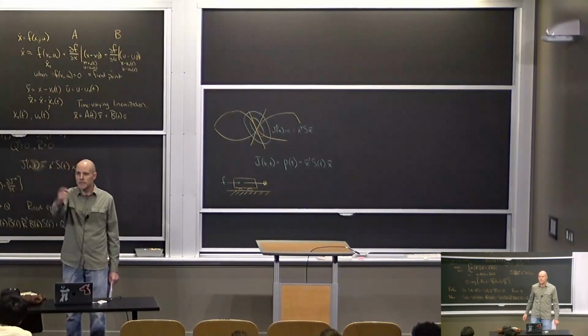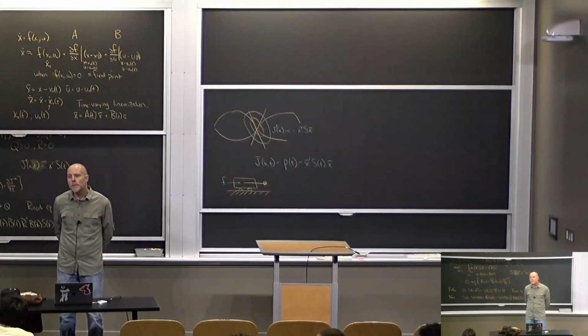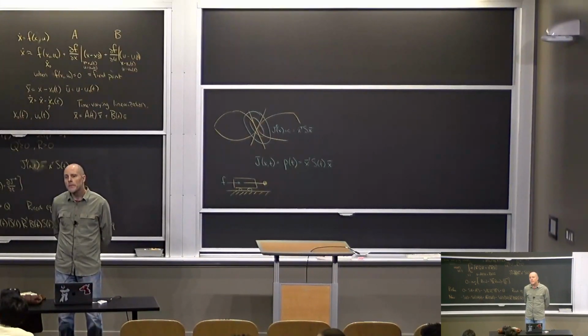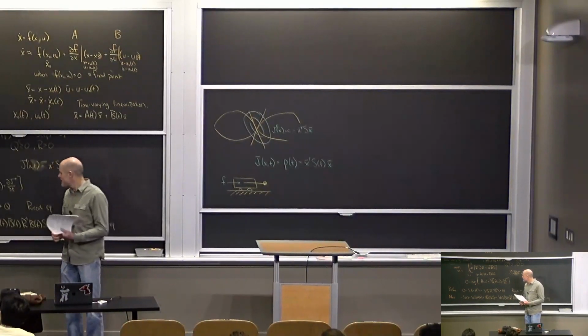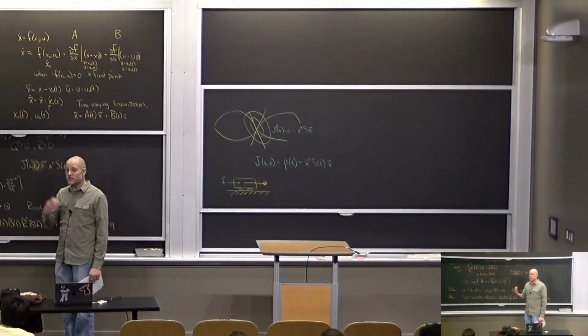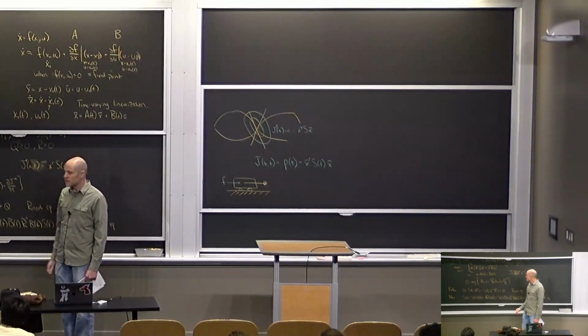In this case, what if this x bar was like a stochastic system, like Ax plus B plus W? How would that affect the cost? There's a magical thing. We will actually cover stochastic control later in the semester.